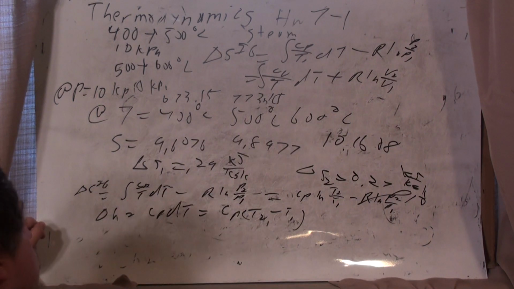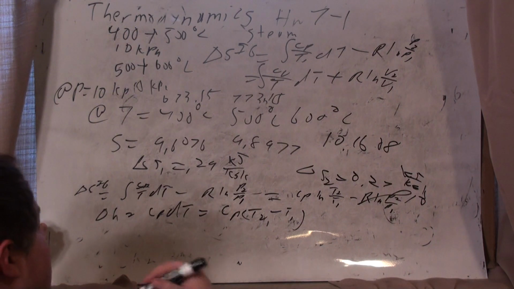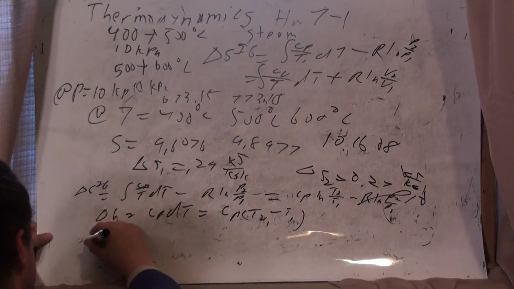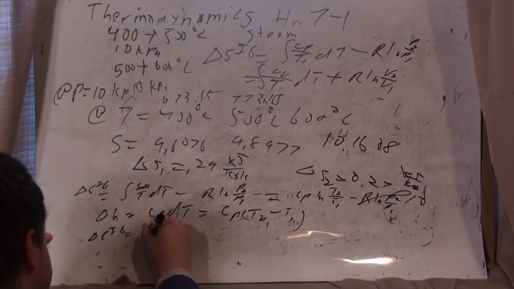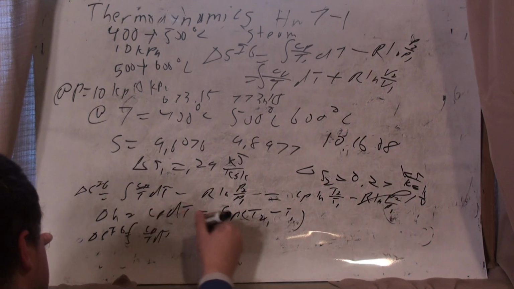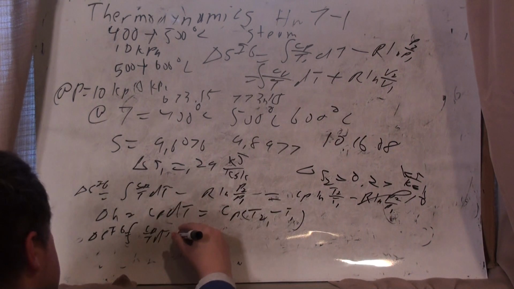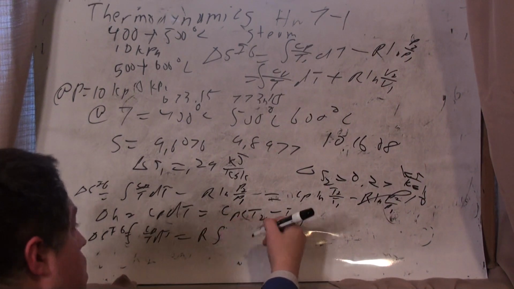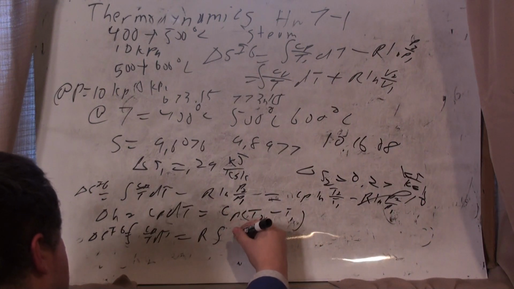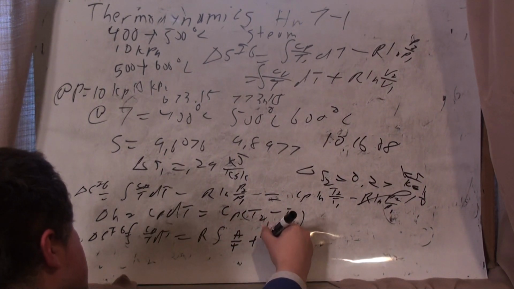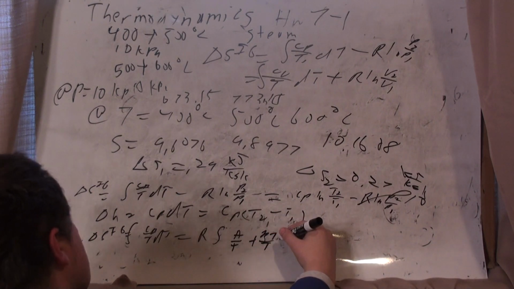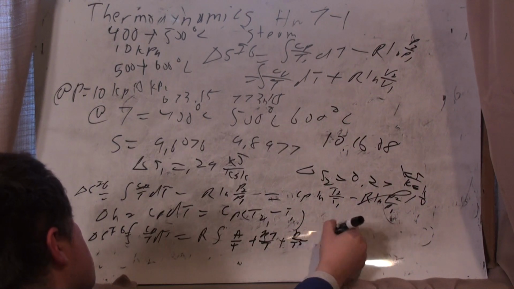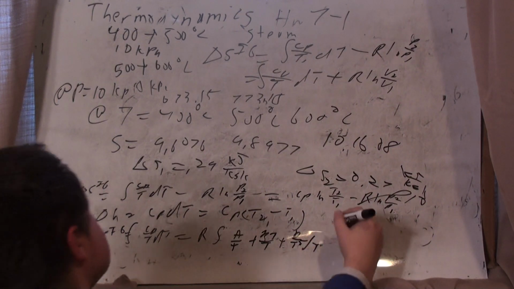Now in the other case where I have a temperature-dependent Cp, I still have to use Kelvin, but the math is a little bit different. That's delta S ideal gas equals the integral of Cp over T dT. Still this, but the pressure term is going to be 0. And so this becomes R, because it's always multiplied by R, A over T plus BT over T plus D over T squared over T. Okay.